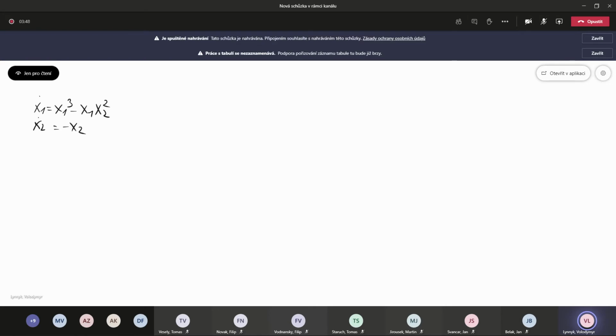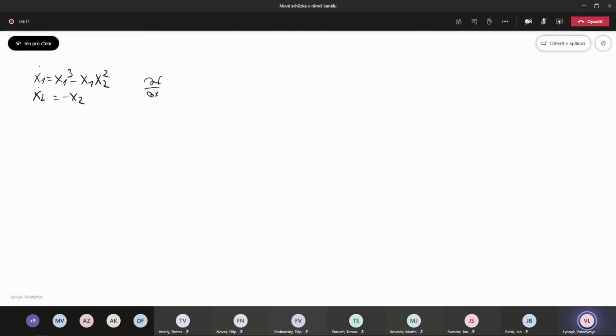Let's calculate the Jacobian first, the first Lyapunov method, at the origin (0, 0). df/dx at (0, 0) equals the matrix with rows 0, 0 and 0, minus 1, so lambda 1 equals 0 and lambda 2 equals minus 1.